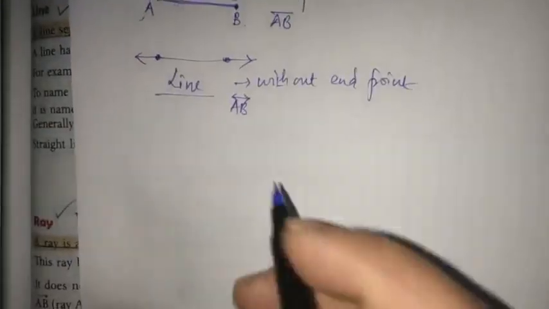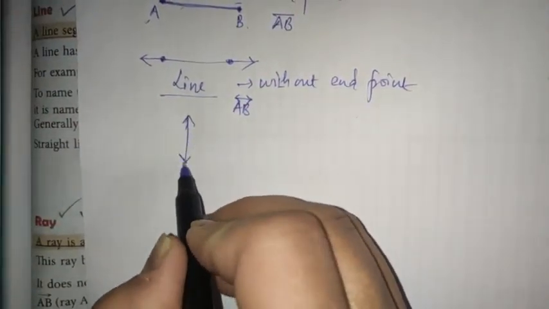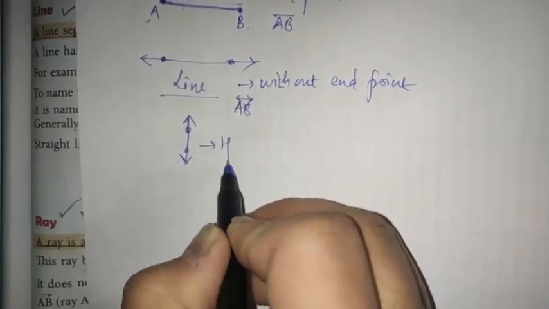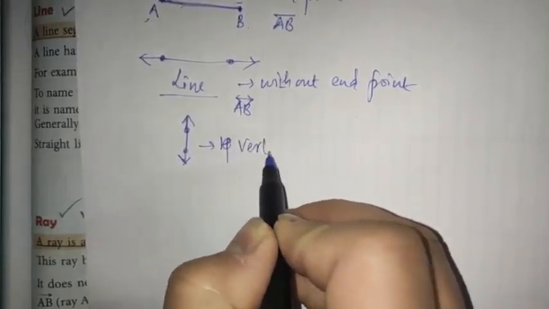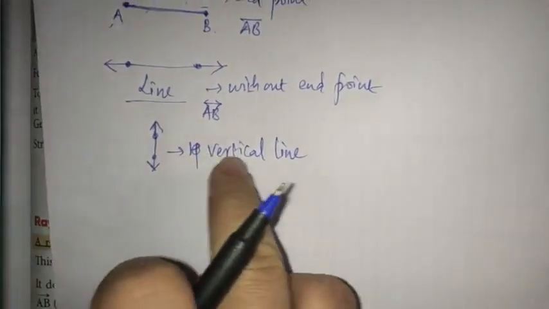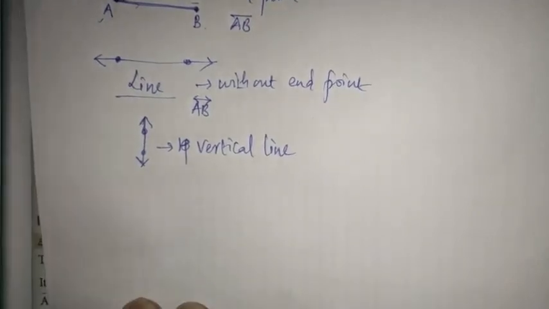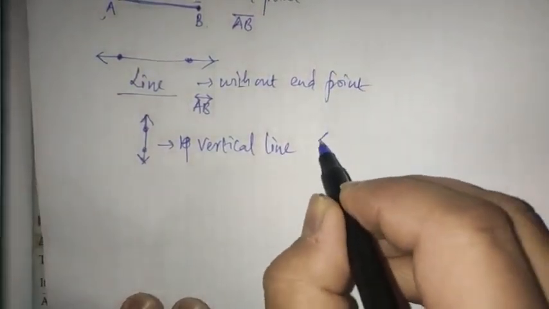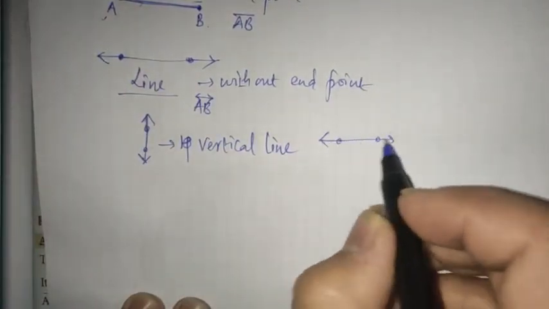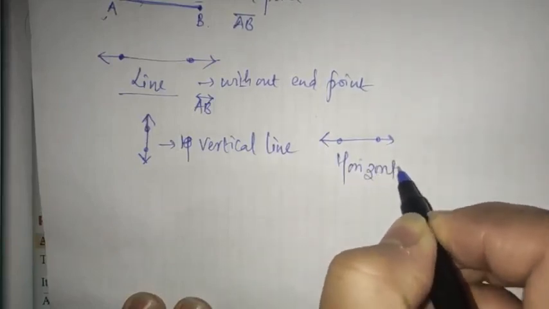Lines may be of a variety. You may draw the line of 3 types. If you are making it upside down, this is called a vertical line. You have heard this term in your computer class, vertical column, right? If you draw a line like this, as most of the time we draw a line in geometry, this is called horizontal. This may be a very new term for you all.